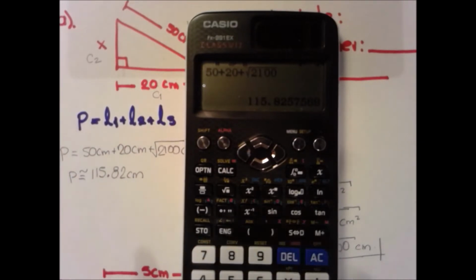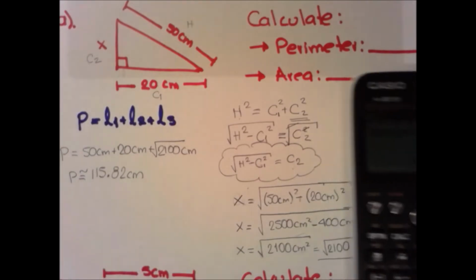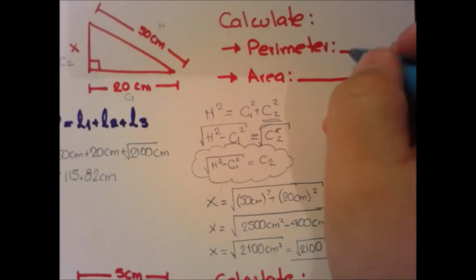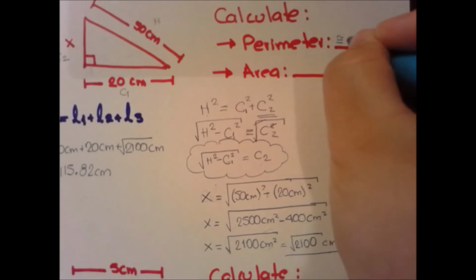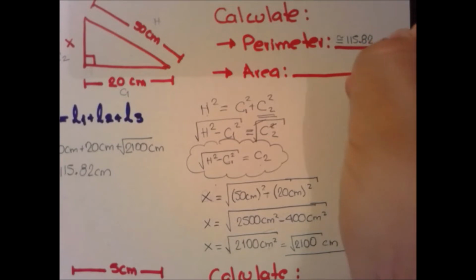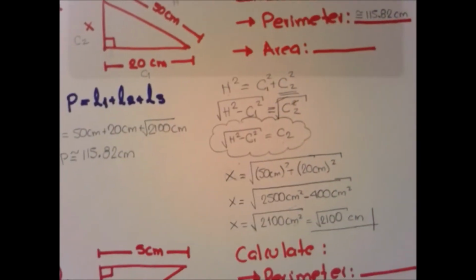Okay, and this is going to be the perimeter that we are going to write over here. So perimeter is approximately equal to 115.82 centimeters, and that's all about the perimeter.